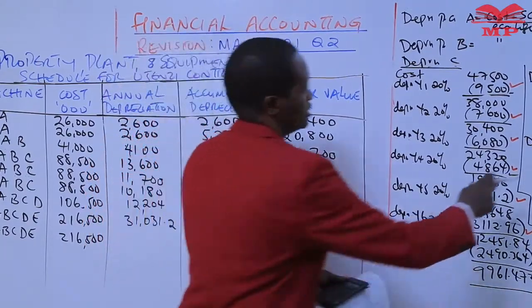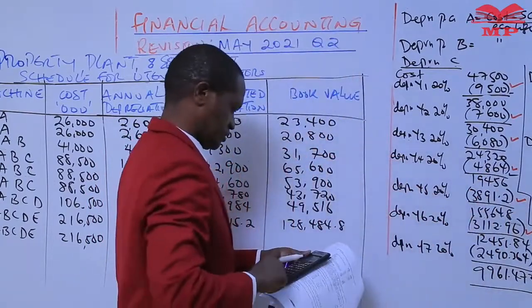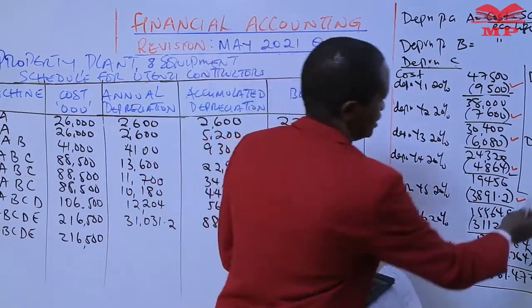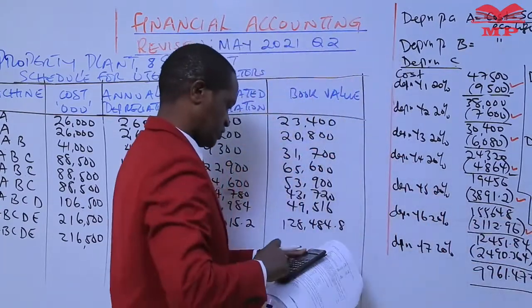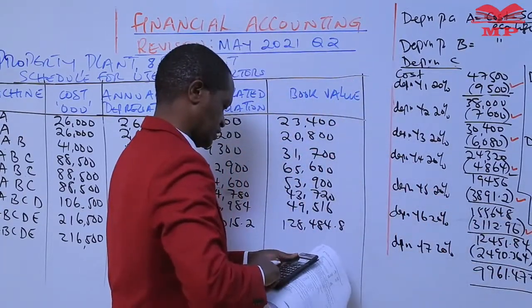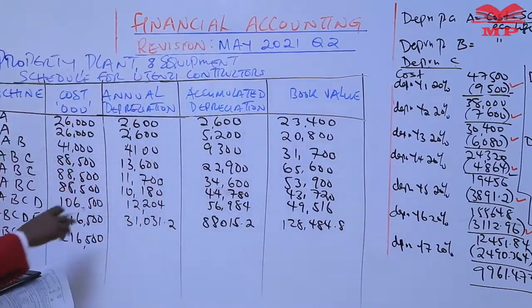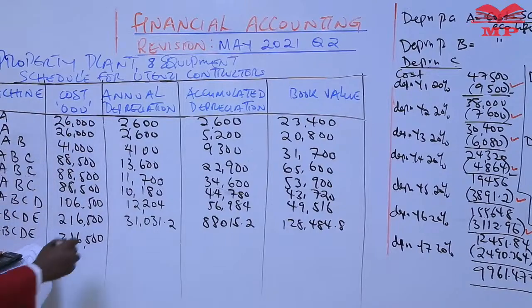Depreciation machine D 3240, plus machine E depreciation per annum 19800.